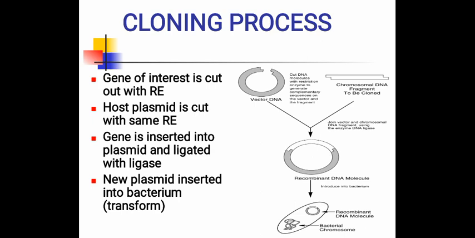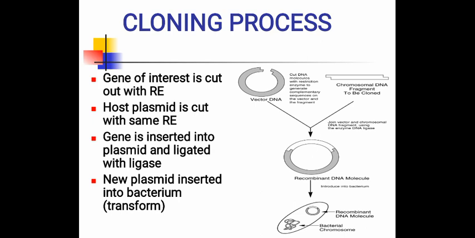With this restriction enzyme we can get our gene of interest. Then this gene or DNA is transferred to the host. The host here is a plasmid. The plasmid is also cut by restriction endonucleases at a specific site, and the gene of interest is inserted into the plasmid.